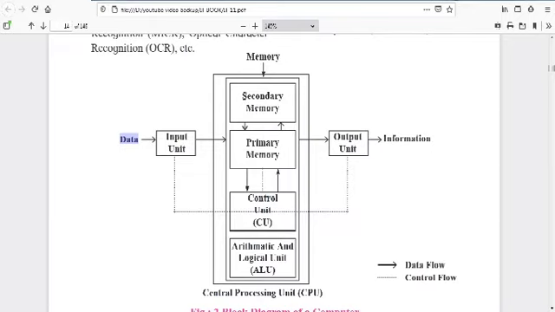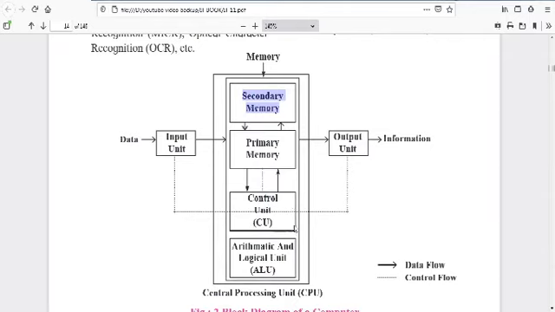In secondary memory, there are examples like hard disk, pen drive, memory cards, likewise. And primary memory has two types of memory, that is RAM and ROM. RAM is random access memory and ROM is read-only memory. We will see what is RAM and what is ROM in detail in the next lectures.